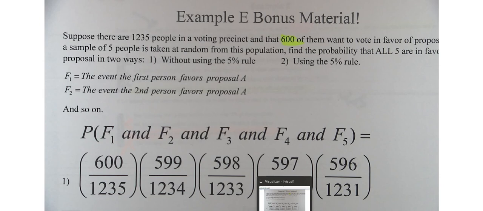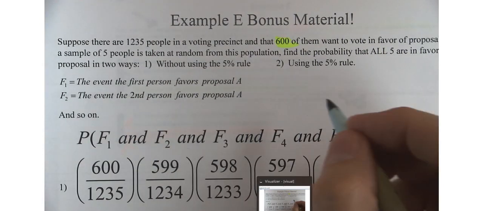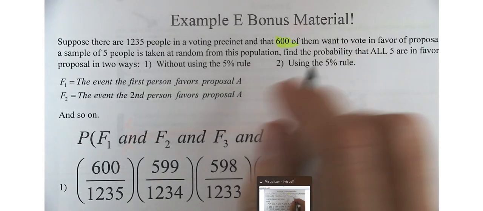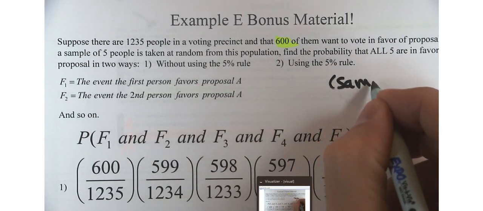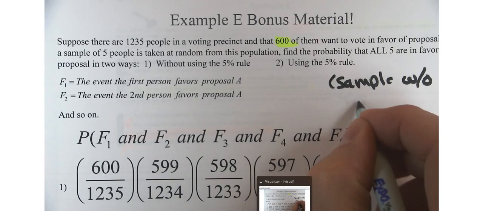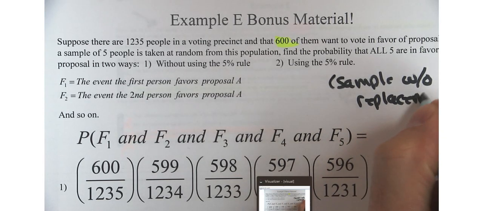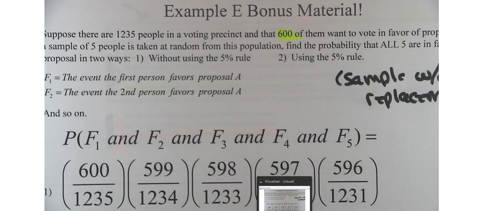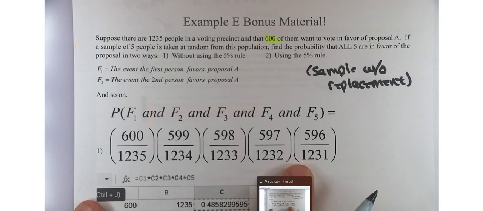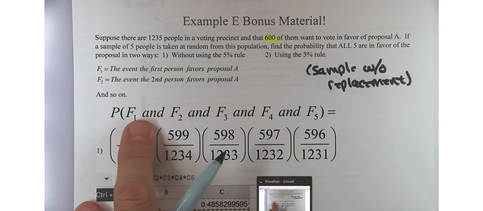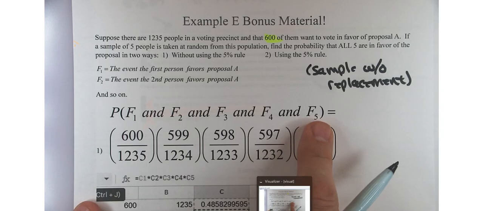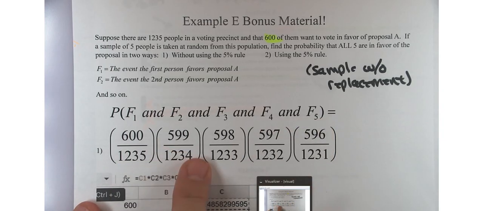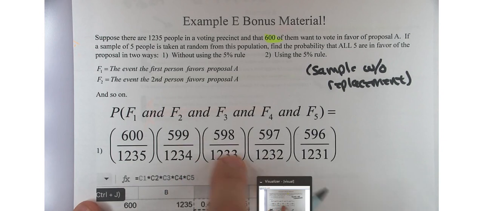So, sampling without replacement leads to dependent events. And you see that in our calculation here. If I wanted to calculate the probability of F1 and F2 all the way up to F5, then what's happening every time I take somebody out of this population? Yeah, these both go down. You go down in the numerator, you go down in the denominator, etc.